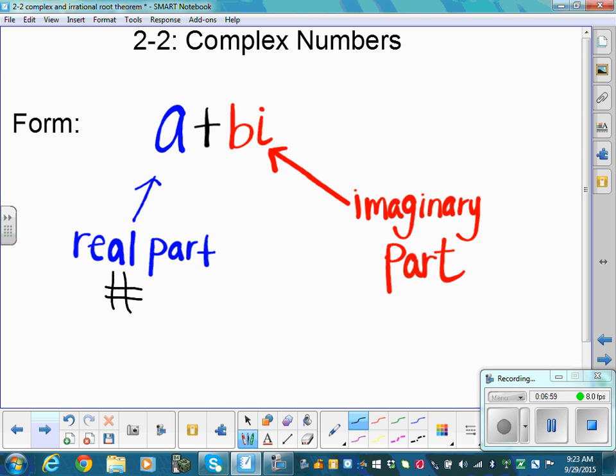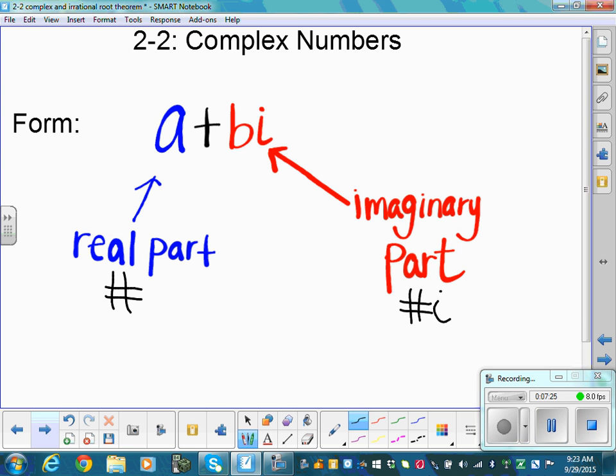That's going to be an imaginary number. Complex numbers are just made up of real parts and imaginary parts. So you'll be adding them together. Real parts plus imaginary parts. Now you can't combine real and imaginary parts, so it's going to have this form and stay together. You can't combine a real number to an imaginary number. So it's going to stay like this, and you're going to leave it like that.